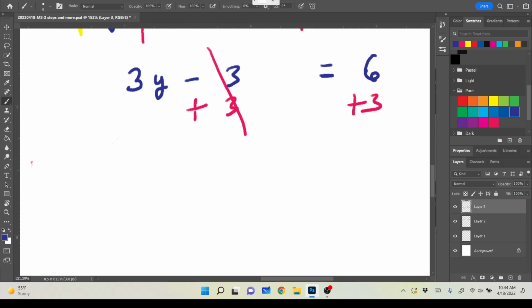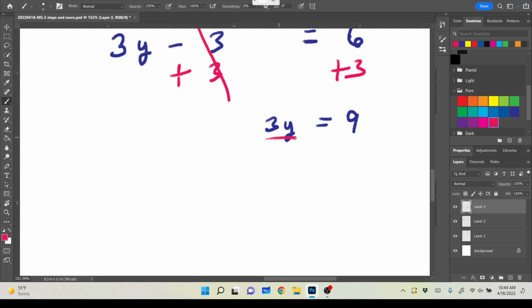What did you say? Divide by 3 on both sides. I haven't even written down the next part yet, but that would be the next step. What do I end up with after I add 3 to both sides? 9 on this side, that's right. So now what, Ella?